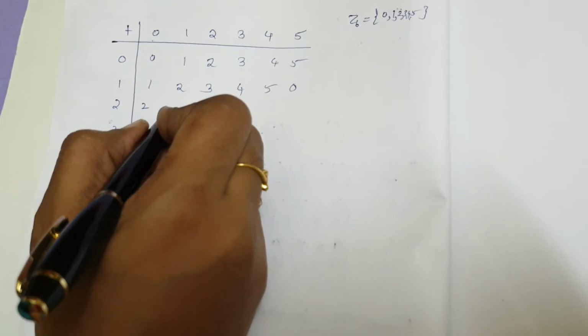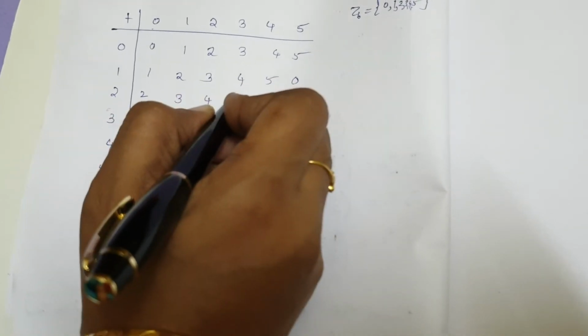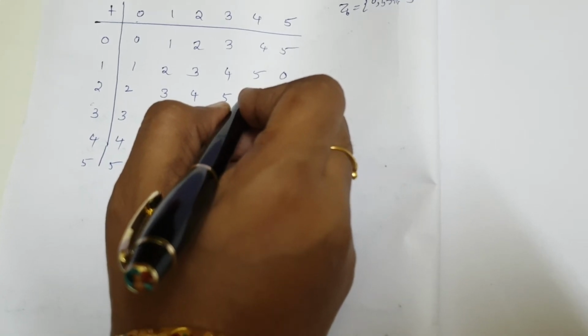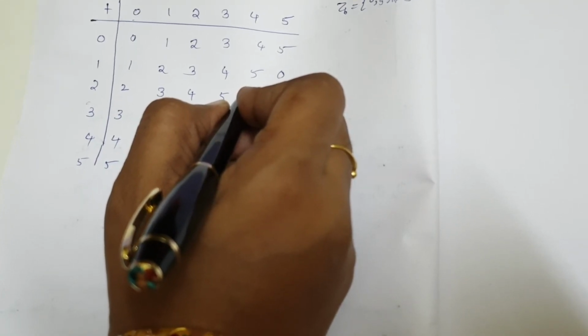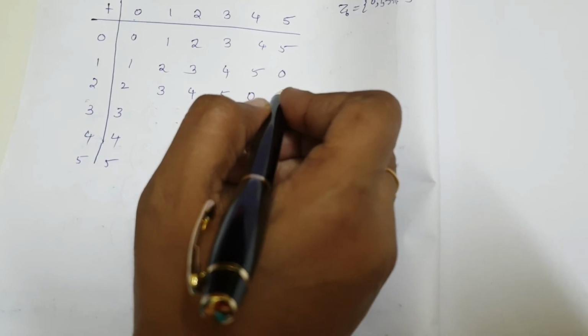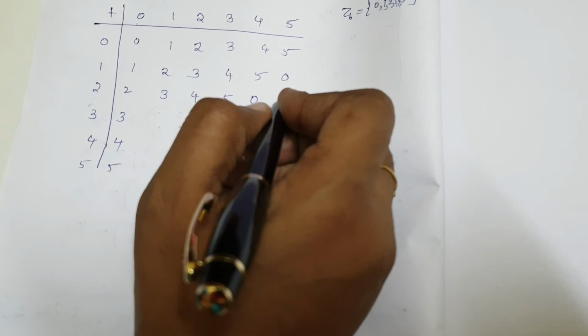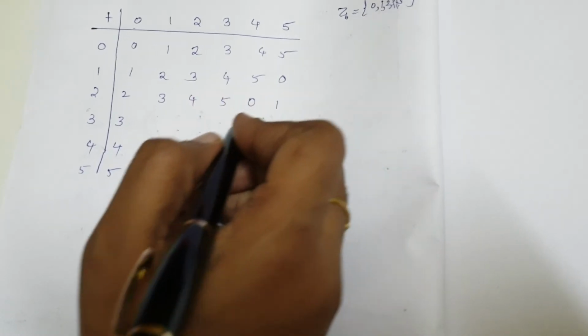Next 2 plus 1 is 3, 2 plus 2 is 4, 2 plus 3 is 5, 2 plus 4 is 6, which is 0 in Z6. Next 2 plus 5 is 7, which is equal to 1 in Z6.